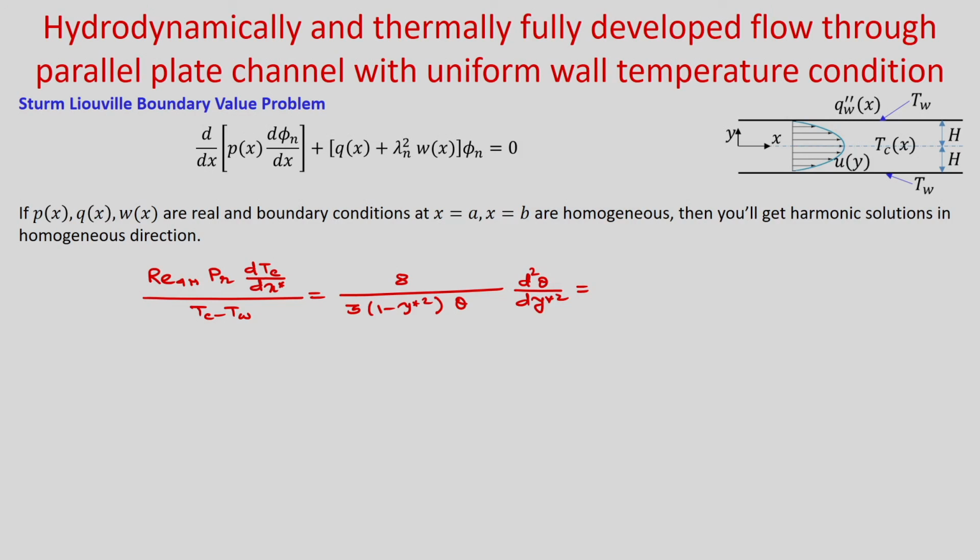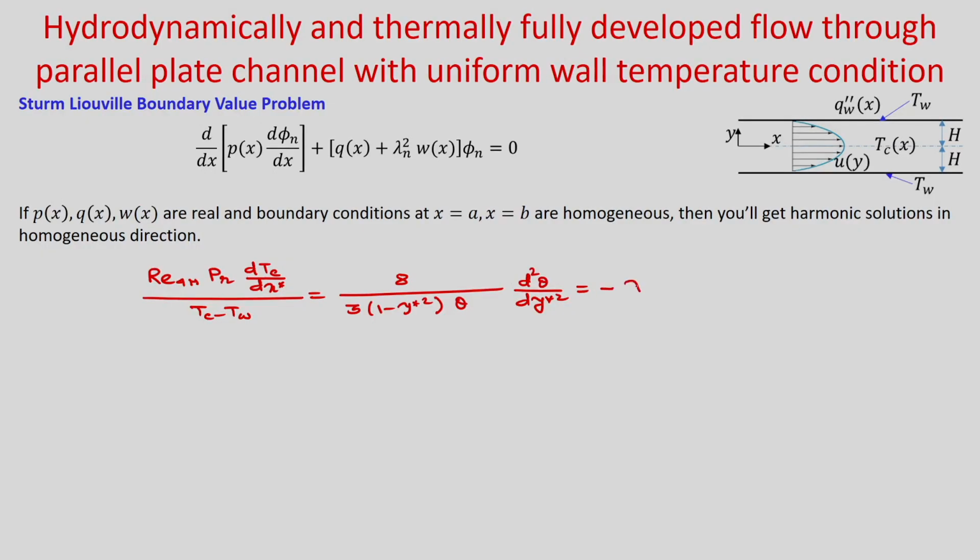You have seen that the boundary conditions in y direction are homogeneous. So, that is the homogeneous direction, and we have to get the lambda square in such a way that in y direction we get a Sturm-Liouville problem.